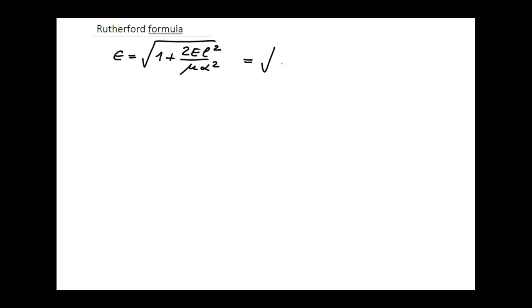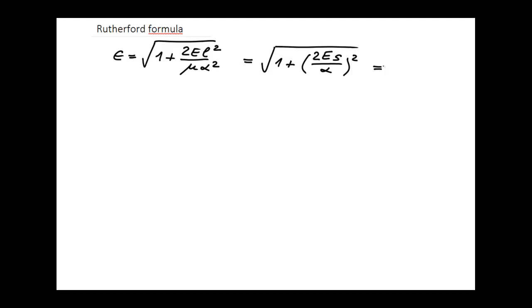So this is equal to 1 plus, and then if I consider correctly the constant of proportionality, it's 2 times E times impact parameter divided by alpha, all of this squared and under a square root. And this, remember, we had just shown on the previous page, 1 over epsilon, that's the sine of theta over 2.